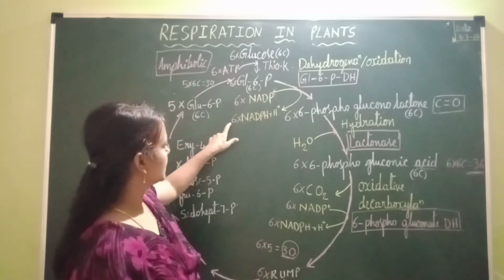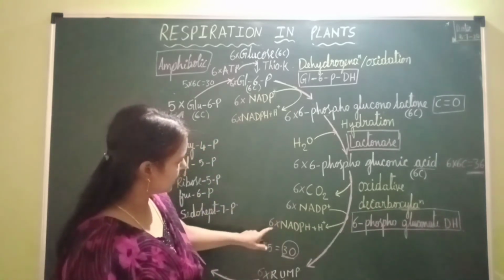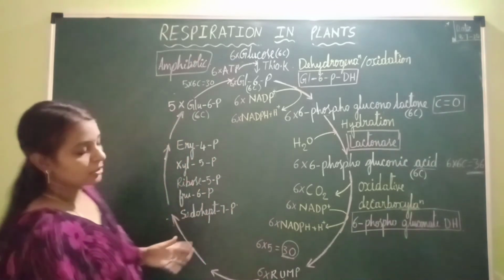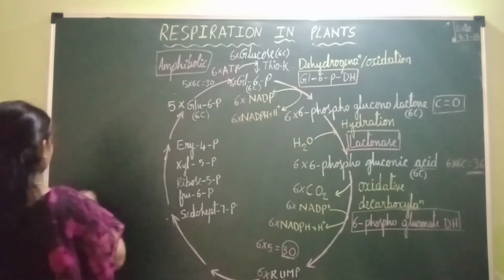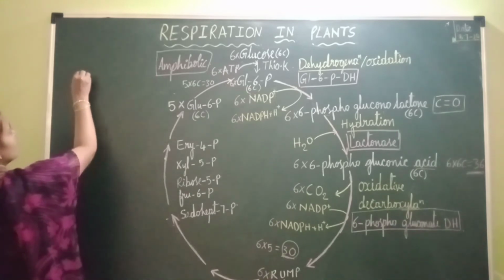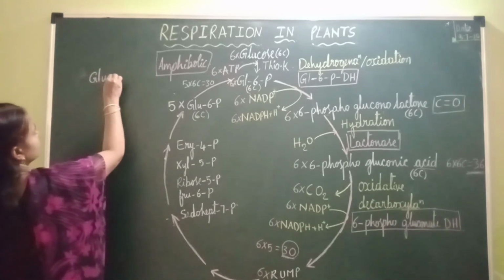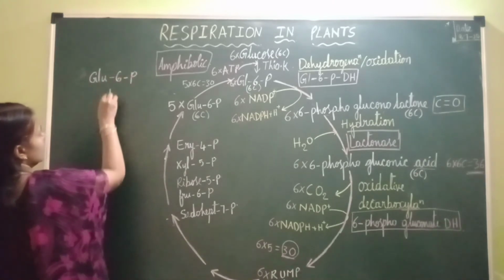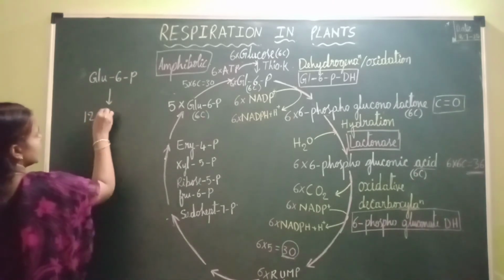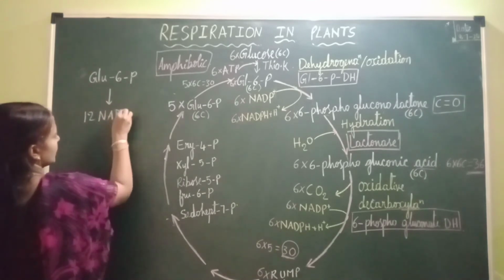How many molecules? Here 6 molecules and here 6 molecules, so totally 12 molecules of NADPH plus H plus are released.